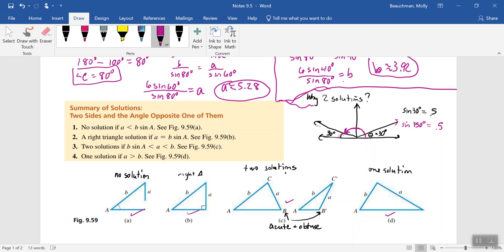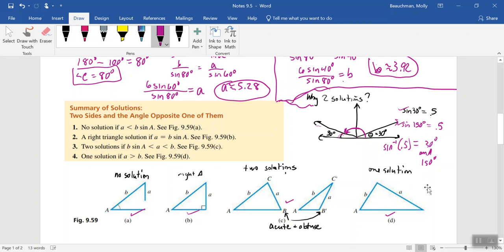So when you're given two side lengths and you're trying to find the angle, there is more than one angle that might correspond to that particular value. What I mean is the inverse sine of a half has two answers, 30 degrees and 150 degrees, and they both might be possibilities in a triangle.